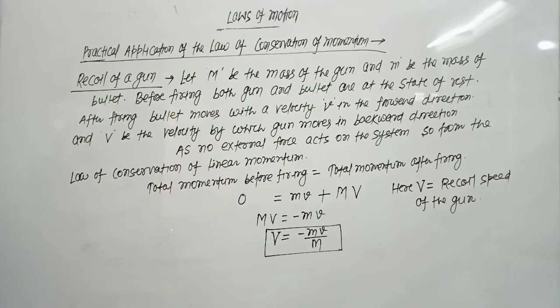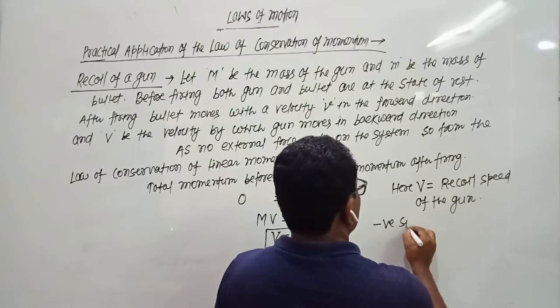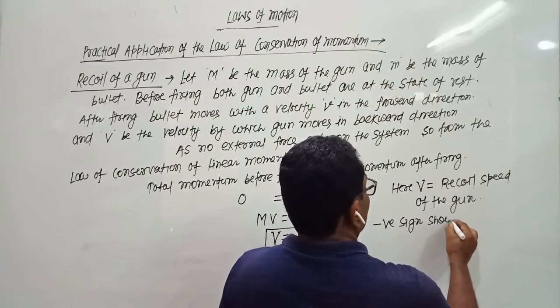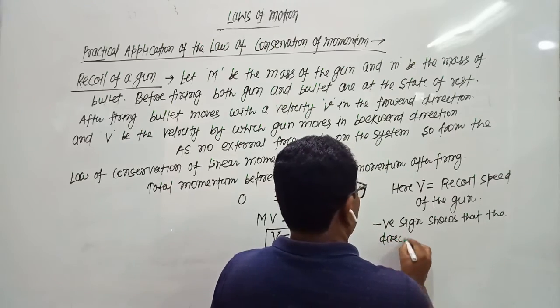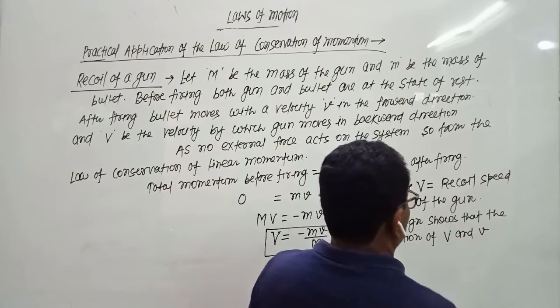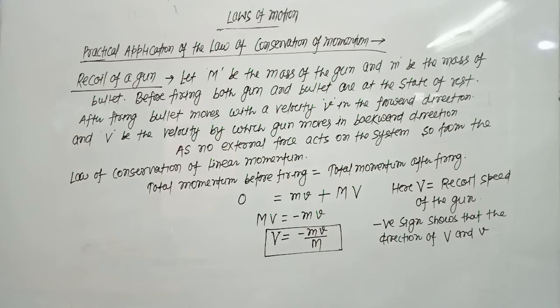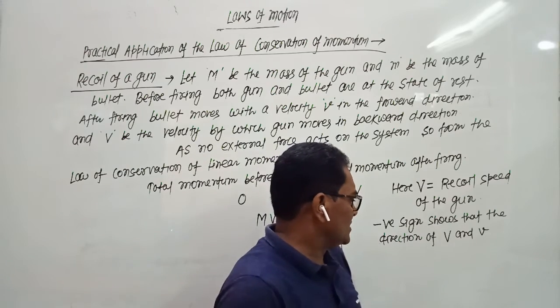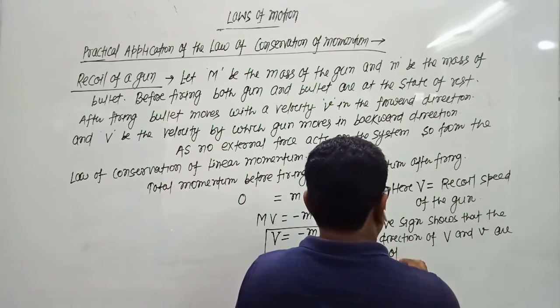The negative sign shows that the directions of capital V, the velocity of the gun, and small v, the velocity of the bullet, are opposite to each other.